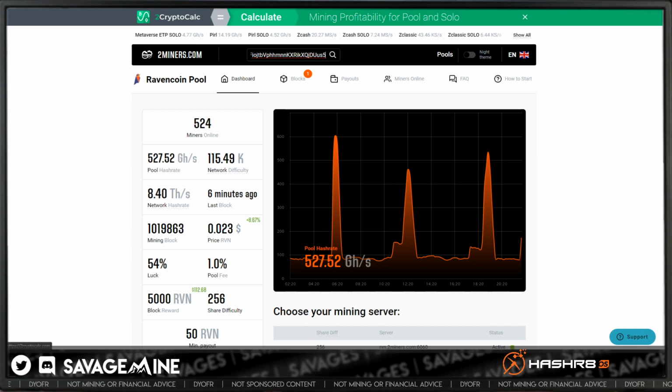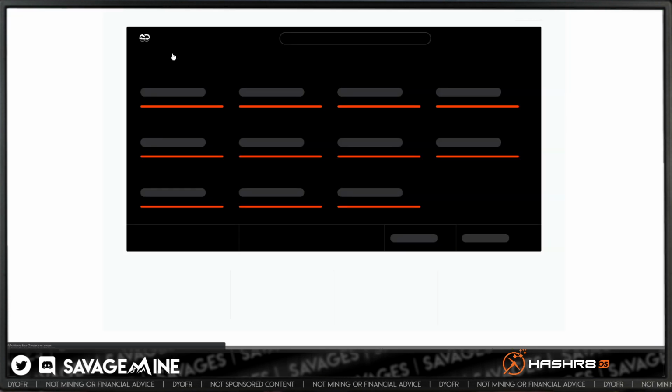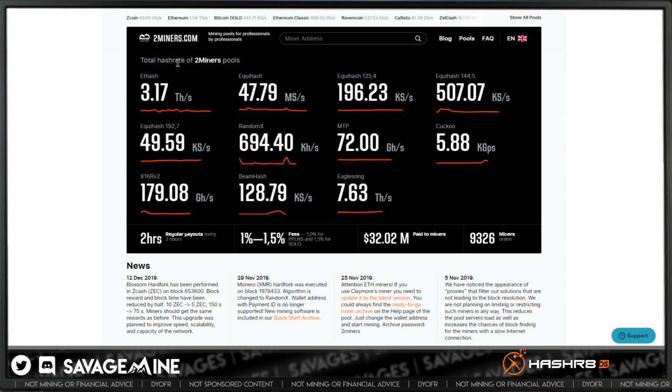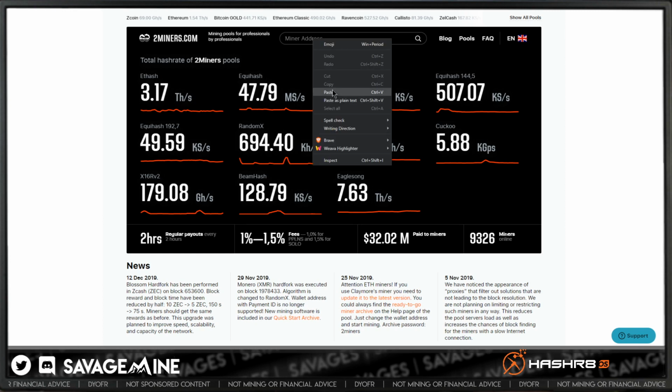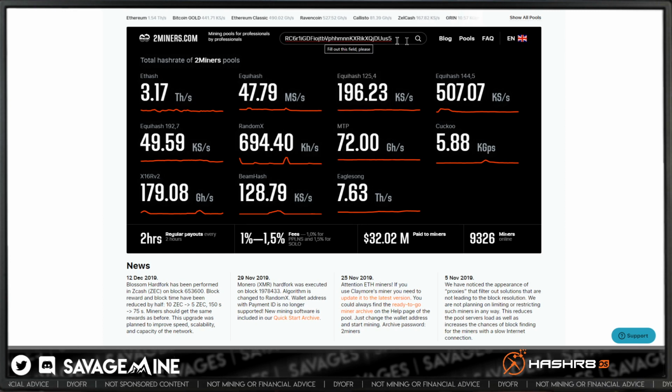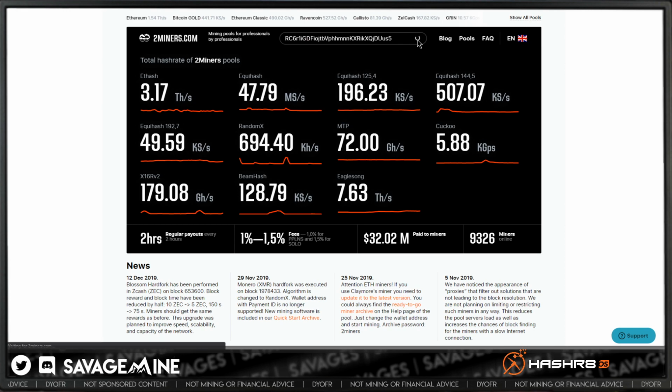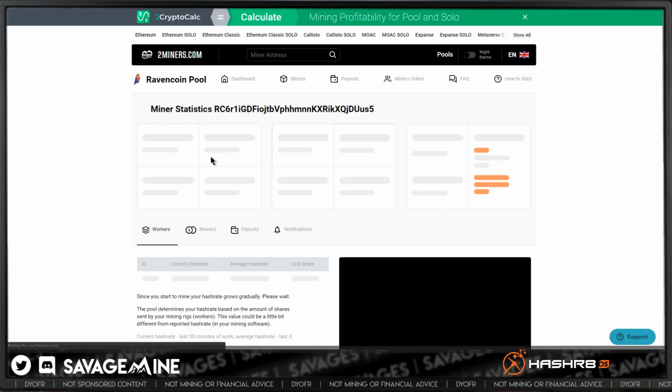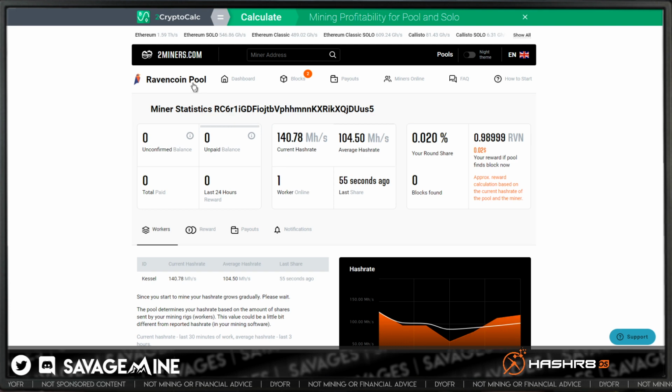I think on this one you can actually go out to miners. Yeah, so see, even at the top level of the website, if you put your miner address here and then click search, it should find what you're mining, right? See, it knows from that information that it's Ravencoin, so that's cool.